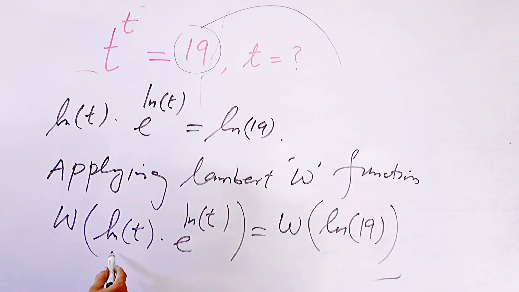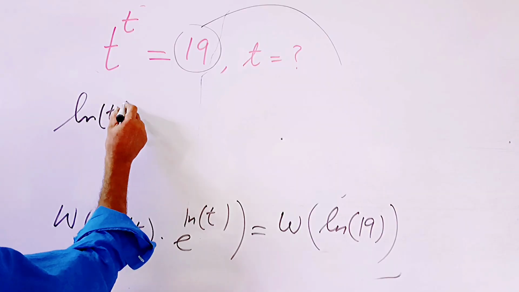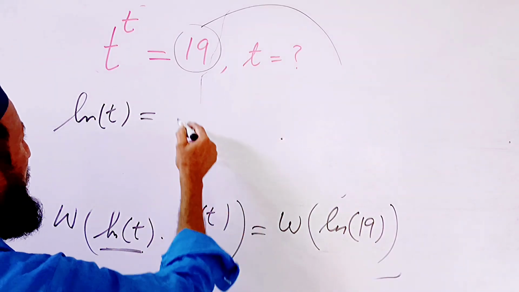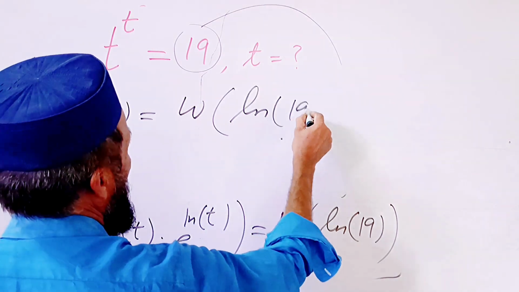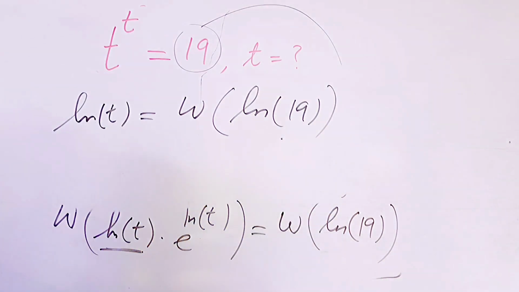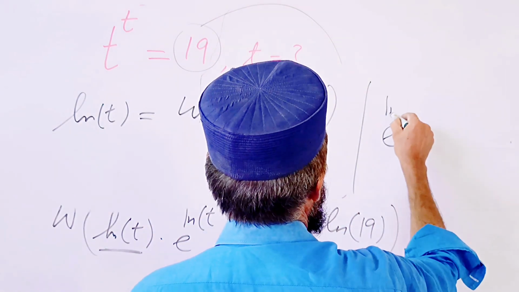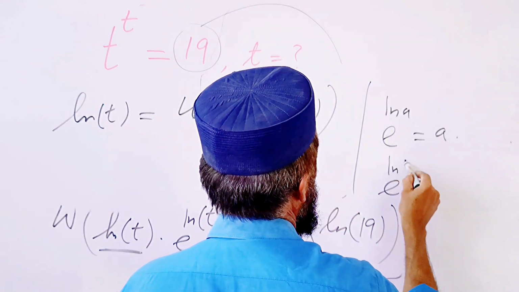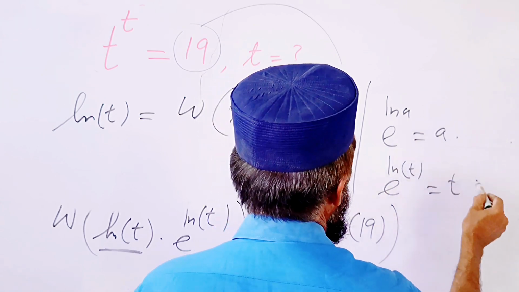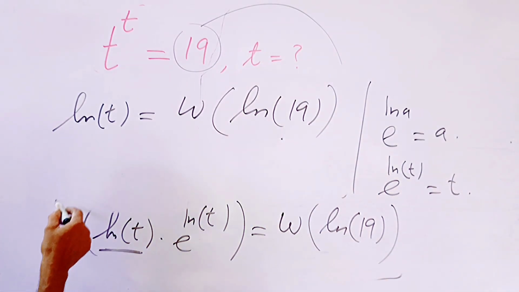So according to the W function, log of t is equal to W of log of 19. Now, as we have already discussed, e to the power log of a is equal to a, and e to the power log of t is equal to t.